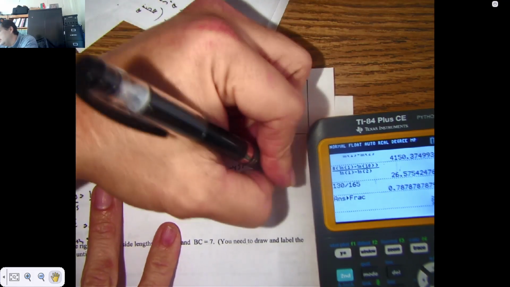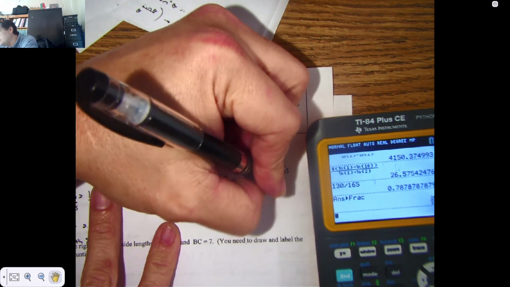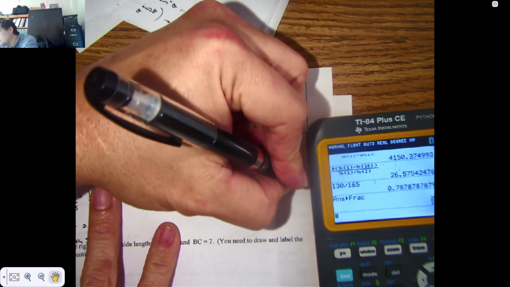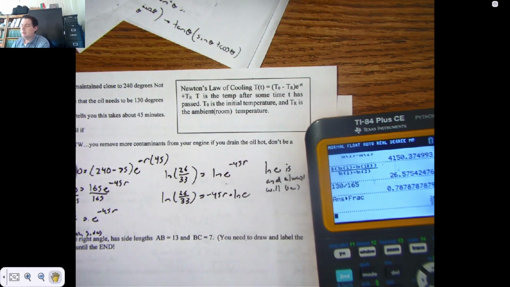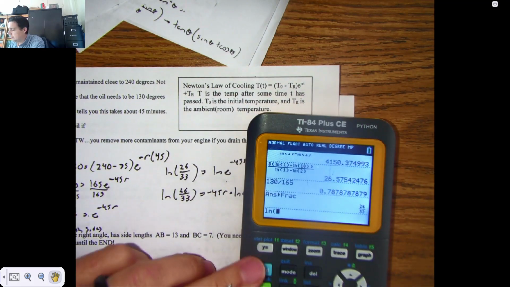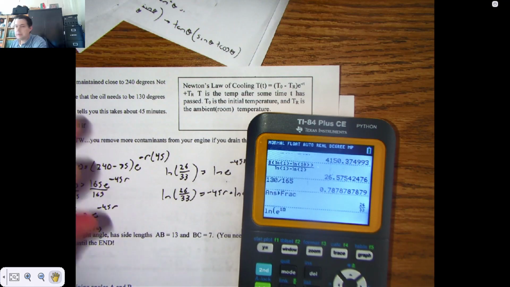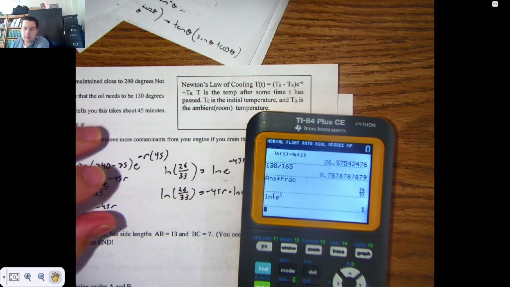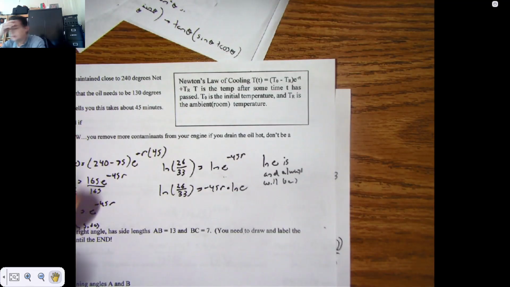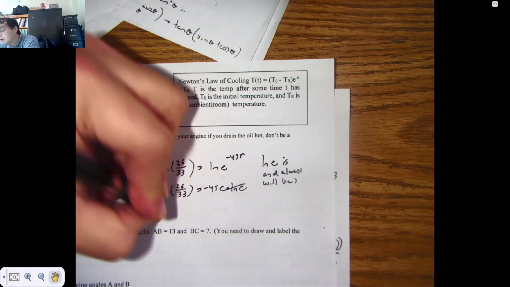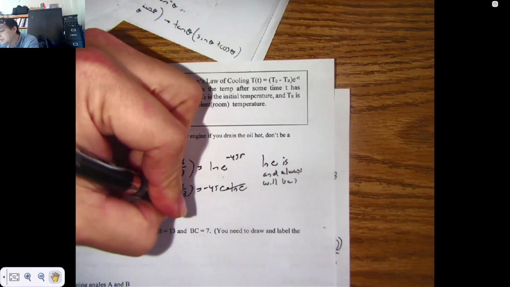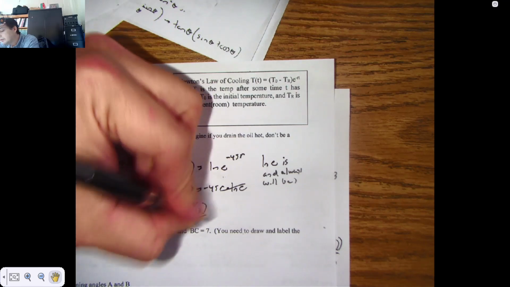Natural log of E is and always will be... they forget that, but it's always going to be 1. ln E, first power, it's a 1. So this piece doesn't even matter. Your R is going to be the natural log of 26/33 sitting over -45.